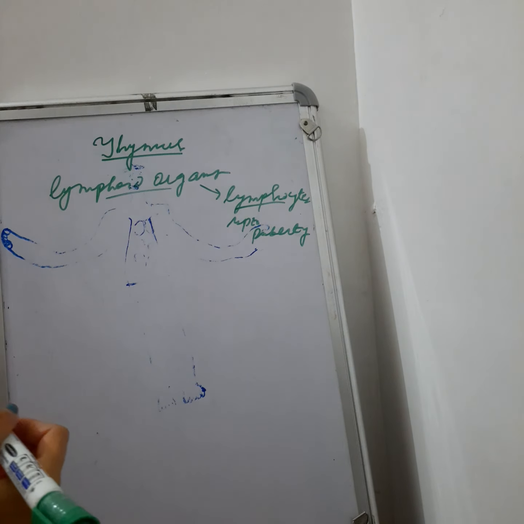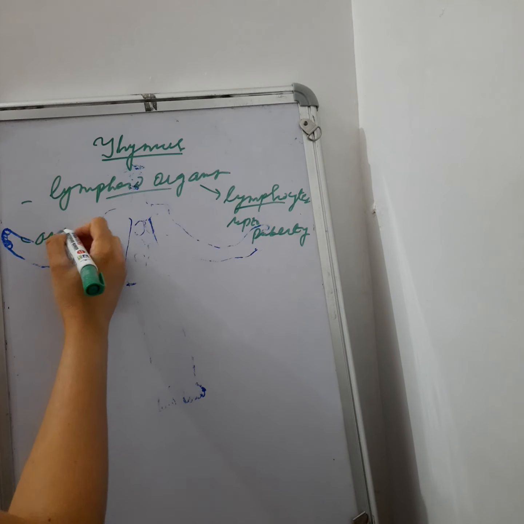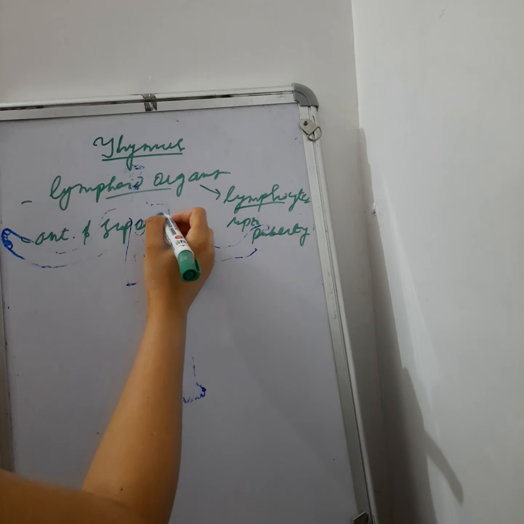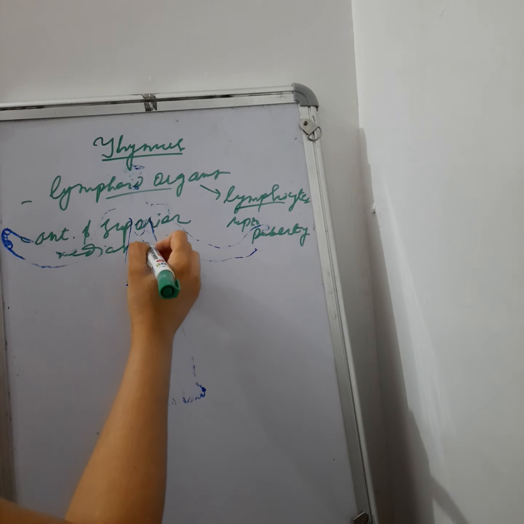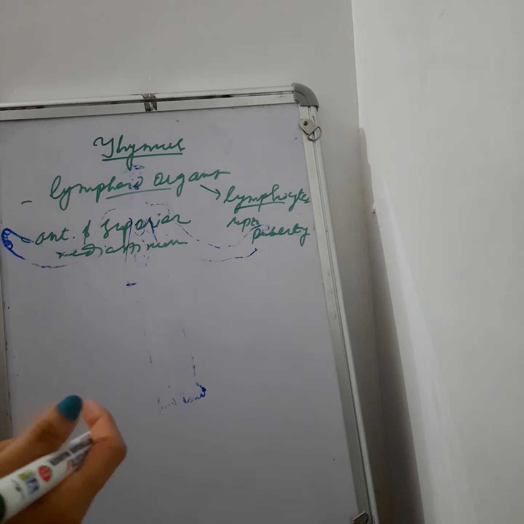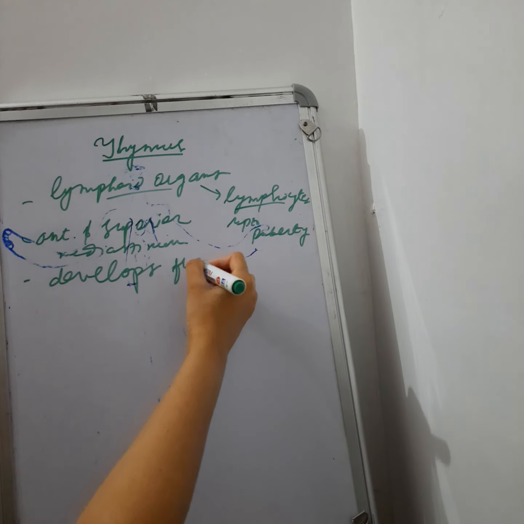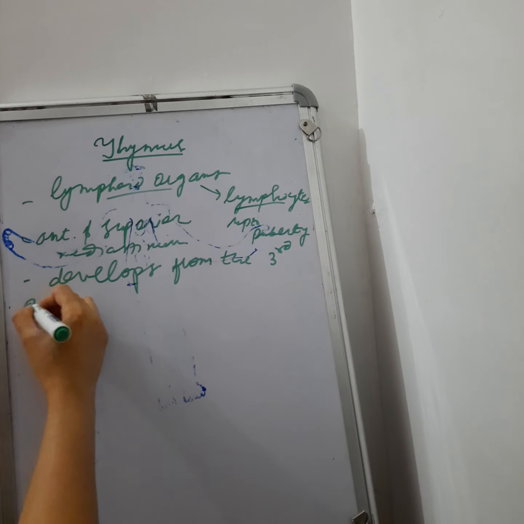Thymus gland lies in the inferior and superior mediastinum, and this gland develops from the third pharyngeal pouch.